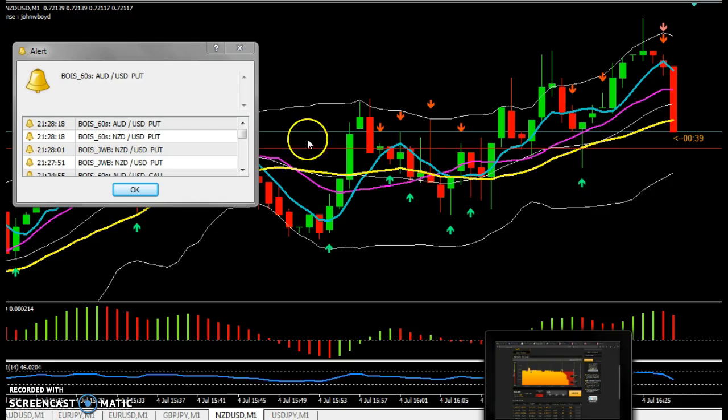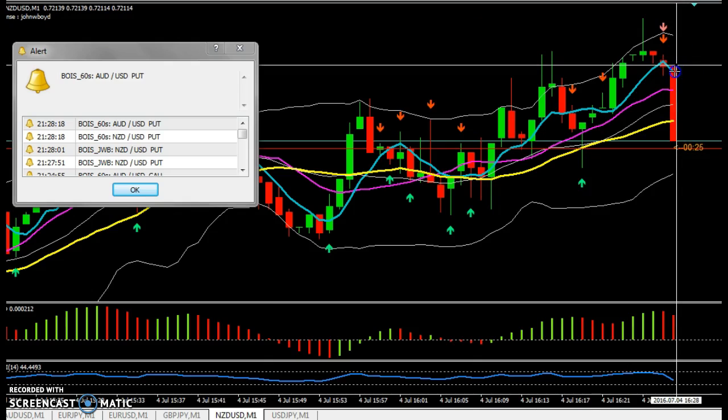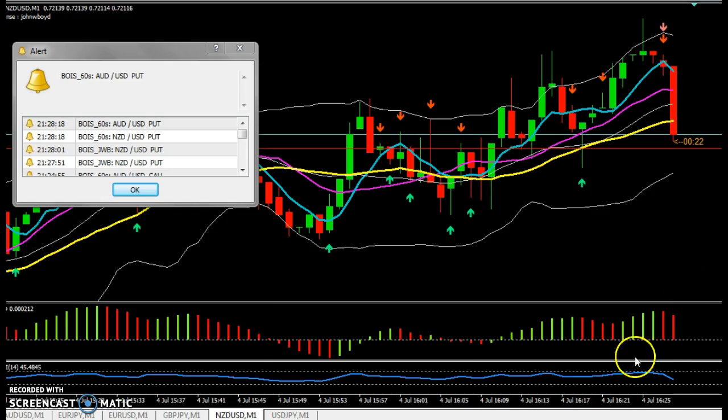Could have been a good 4x scalp right there as well. 25 pips.